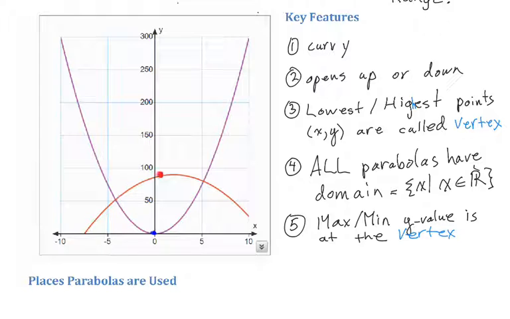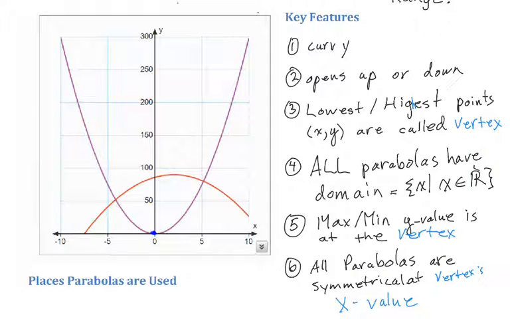The same can be said about this red parabola here. This imaginary line splits my vertex in two, and thus has my parabola split in two. So the sixth point of every parabola is that all parabolas are symmetrical at the vertex's x value.